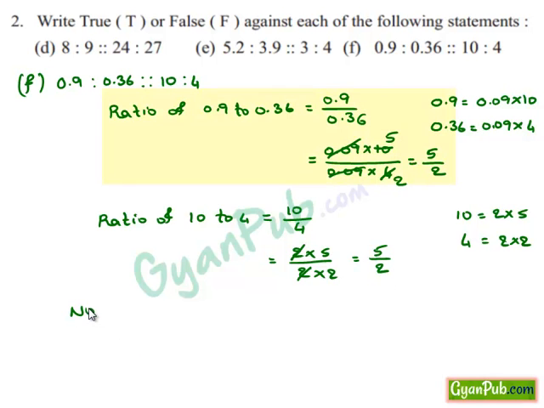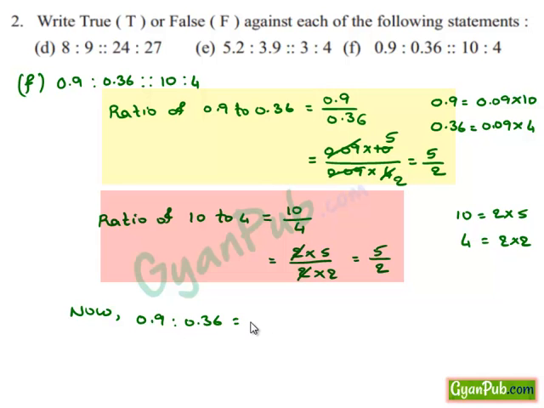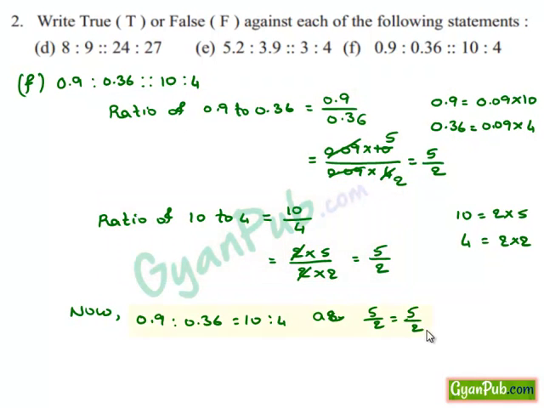Now from the above two ratios we can observe that 0.9 is to 0.36 is equal to 10 is to 4, as 5 upon 2 is equal to 5 upon 2. We know that if two ratios are equal, then they are in proportion.